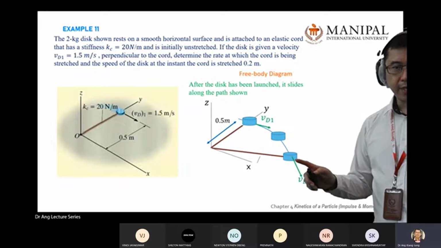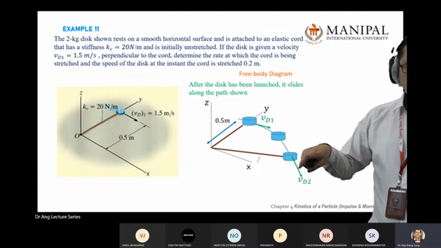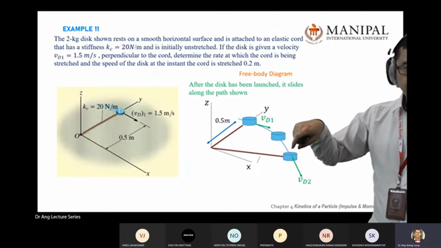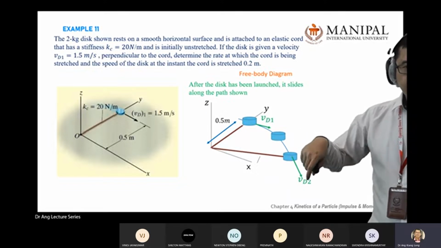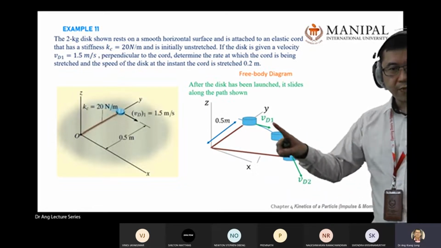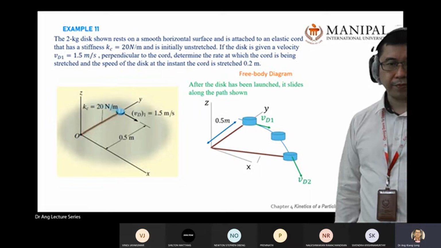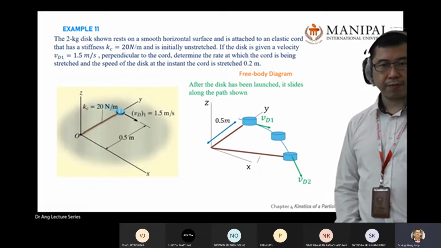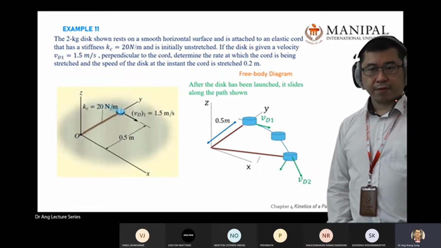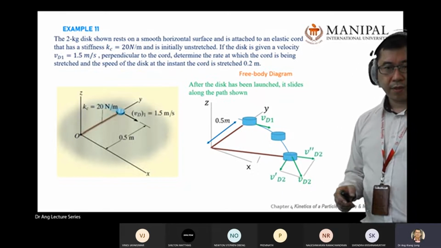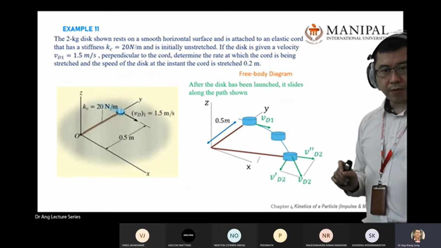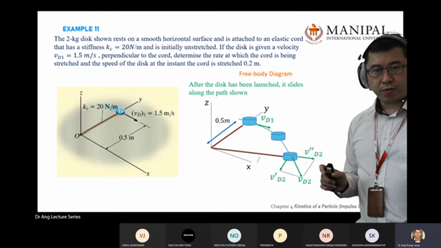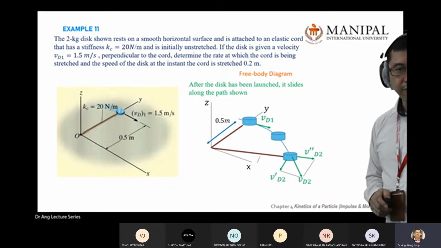Okay, so your velocity vD2 is again tangent to the curve. So you have vD1, vD2. I think I drew this too fast.